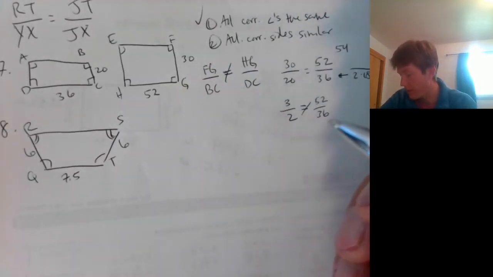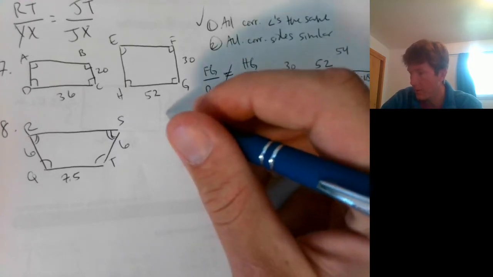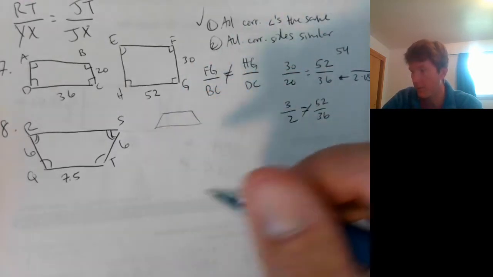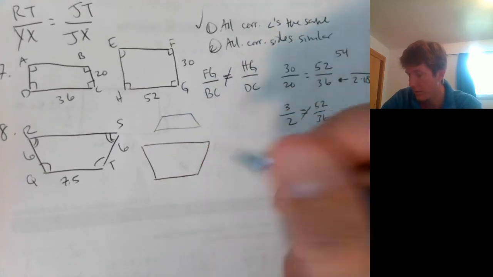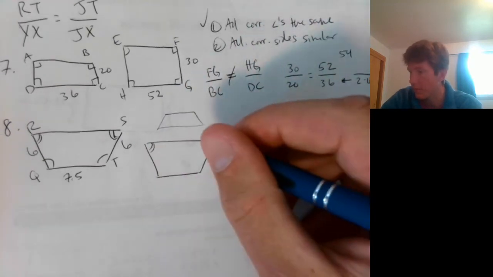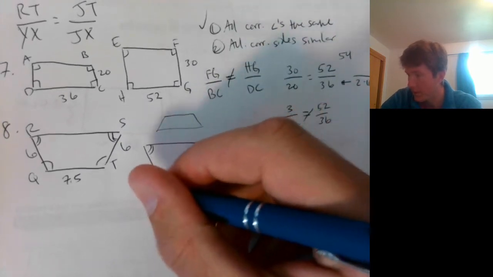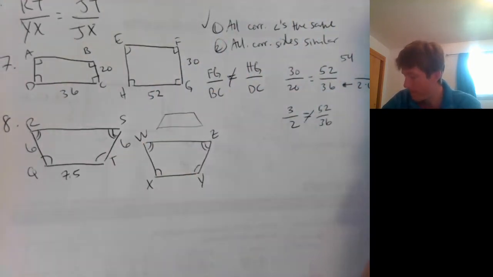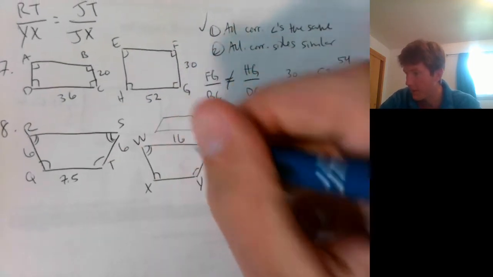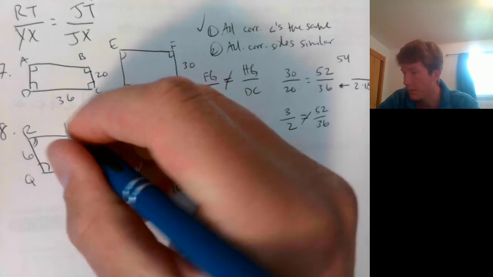And then we have X, Y, Z, W. It's drawn like this, but I'm going to flip it upside down because I want these angles to be the same. It'll just help me out visually. So I flipped it upside down. That means this is X, this is Y, this is Z, and that's W. And this was 16, 10, 8, and 8, and this was 12.